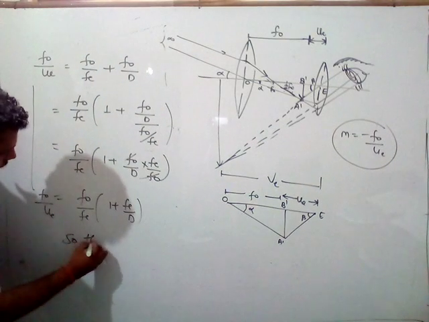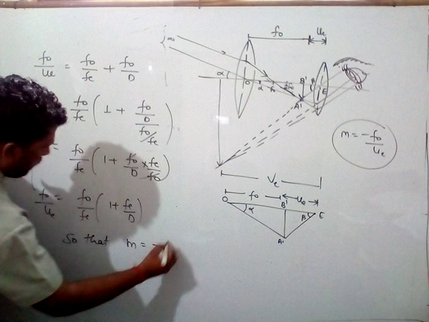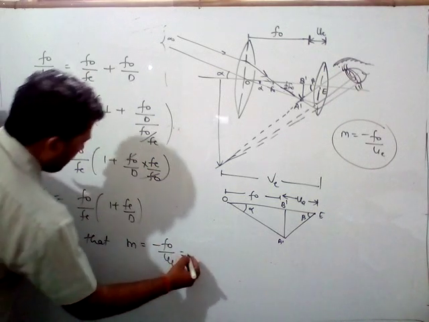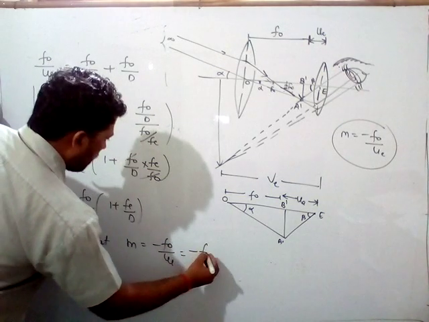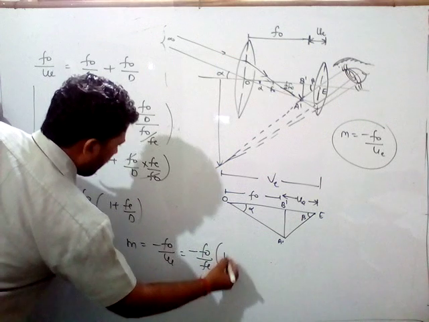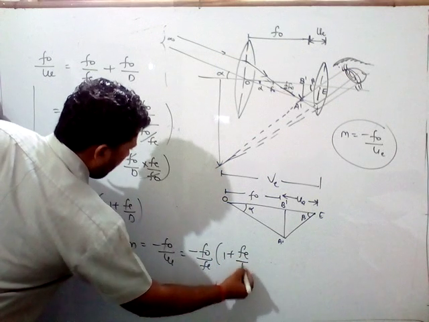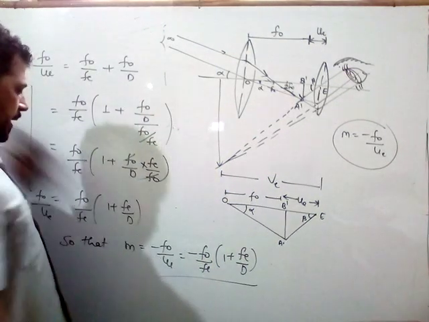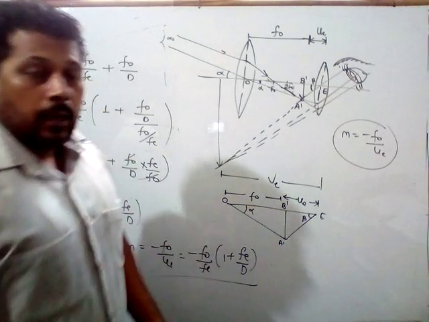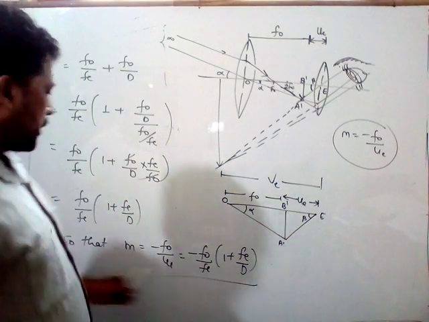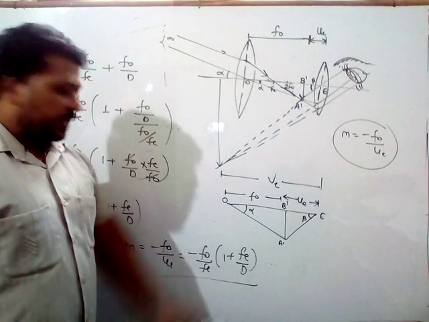So M is equal to minus FO upon FE into 1 plus FE upon D. So it will be the magnifying power for the telescope, that is equal to minus FO by FE into 1 plus FE by D.